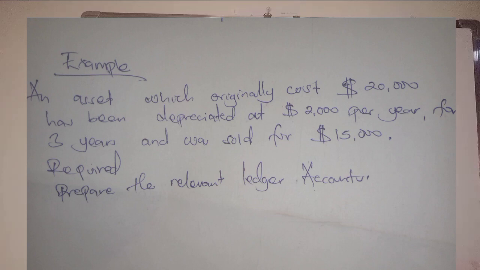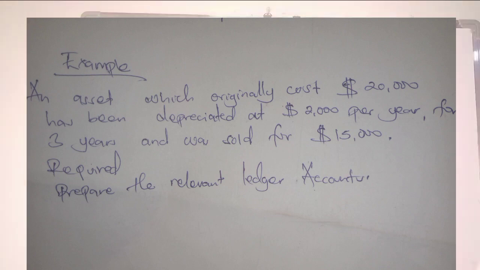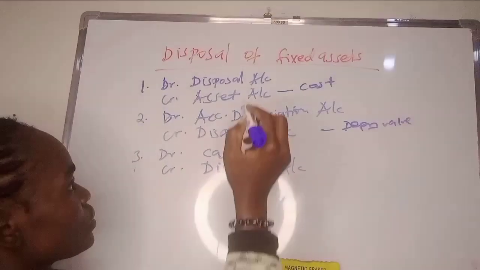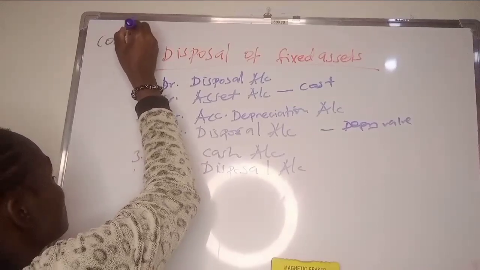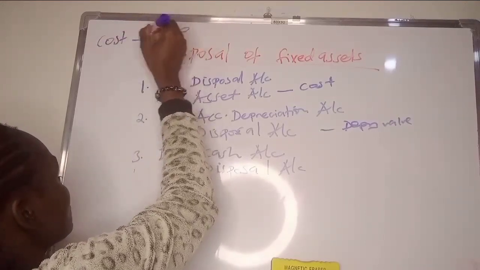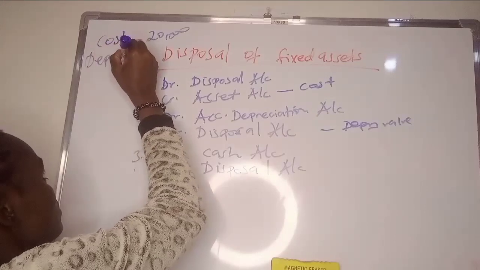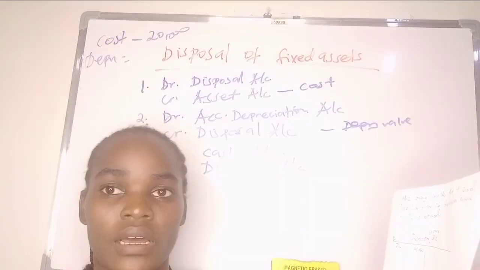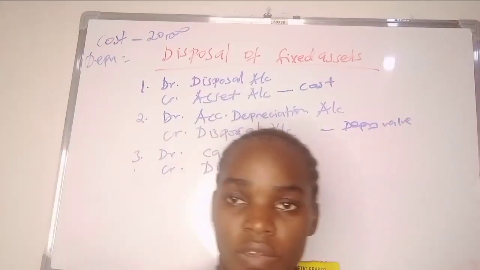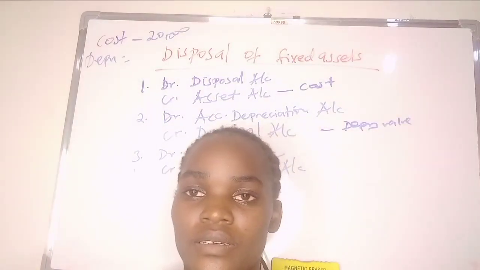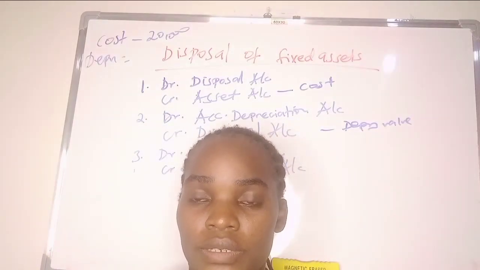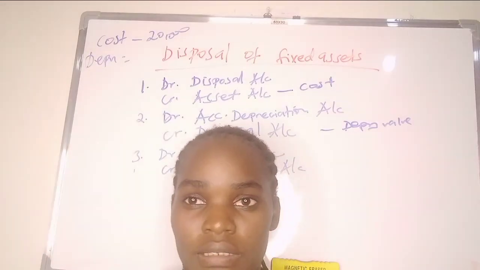It says an asset which originally cost 20,000 has been depreciated at 2,000 per year for 3 years. So the cost is 20,000. Accumulated depreciation is the total depreciation of all the years of an asset.